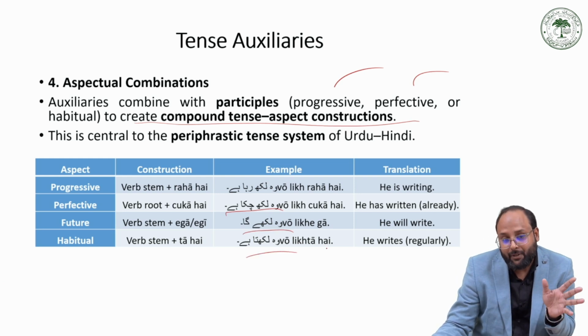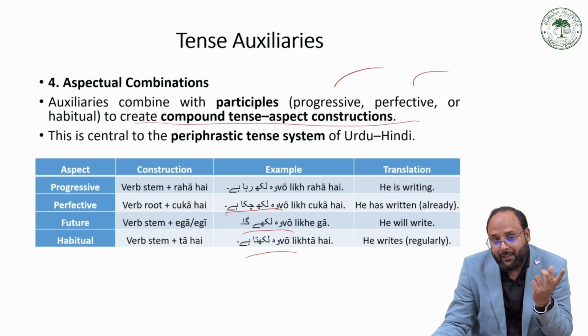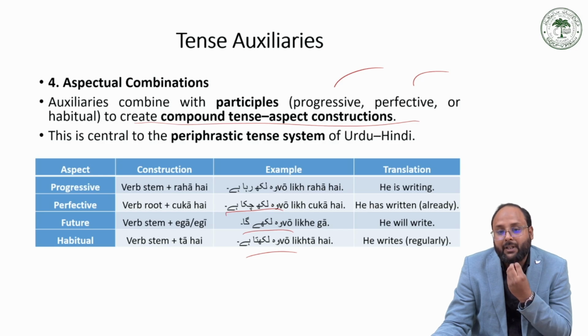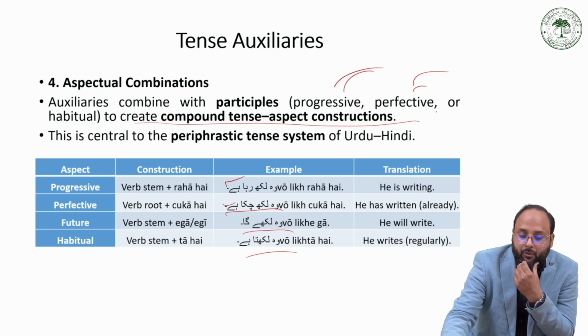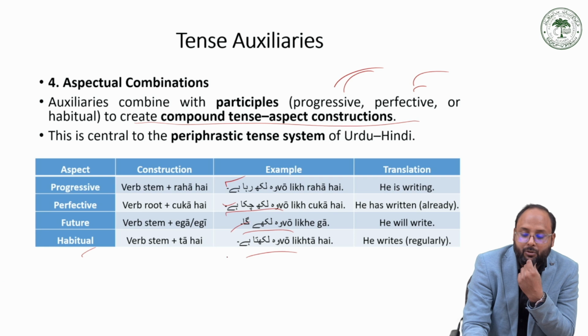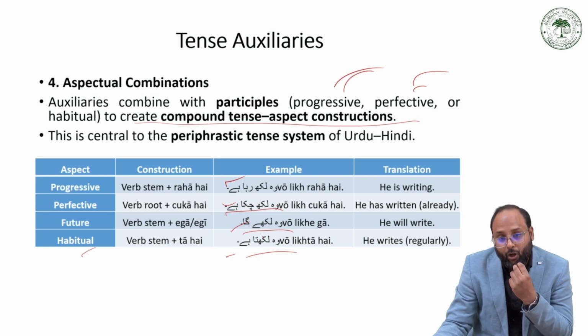So वो लिख चुका है is perfective, वो लिख रहा है is progressive, वो लिखेगा is the future, and वो लिखता है is the habitual. So all these aspects or participles are created by these auxiliaries, either progressive in this case, or perfective, or future, or habitual. So all these aspects or participles we are creating by just adding the auxiliaries in a sentence.